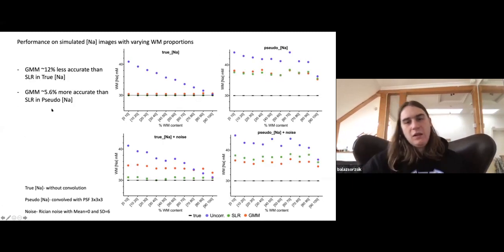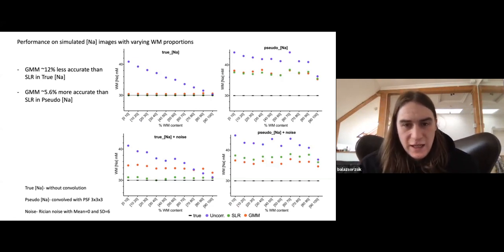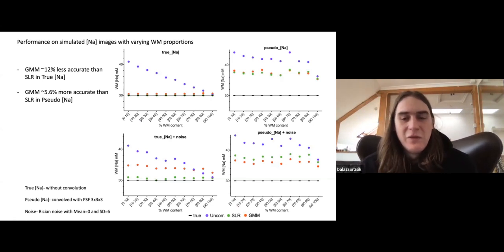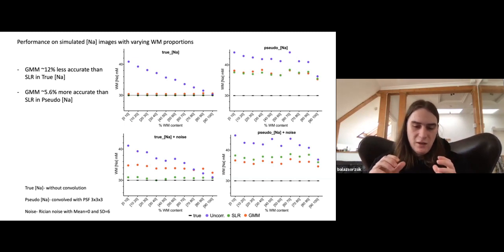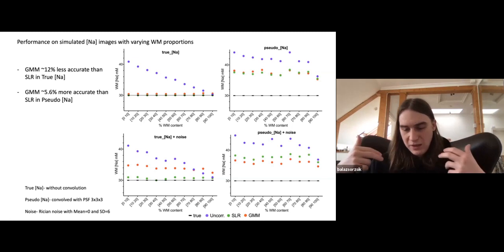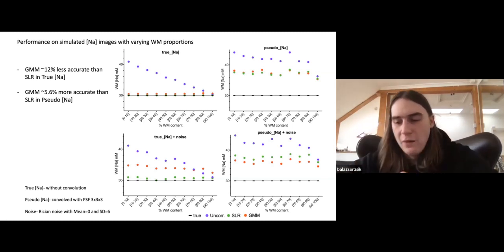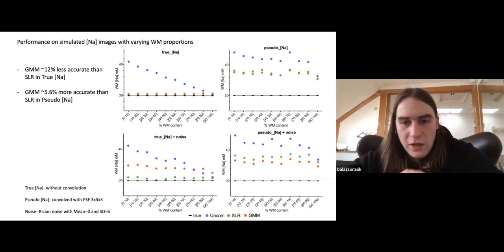So we looked at white matter as well. White matter is more dense, and there is not much CSF and white matter partial volume effects.